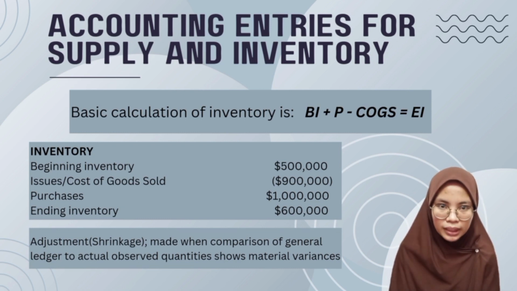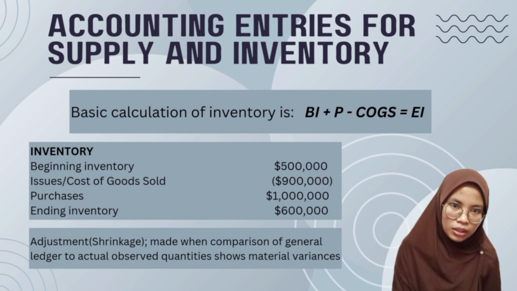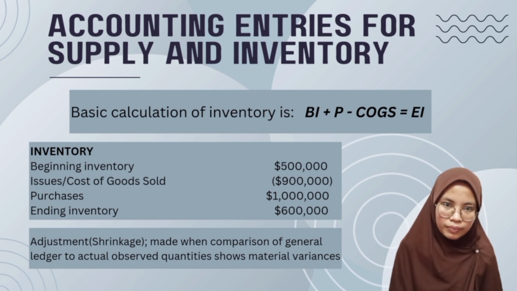The example needs adjustment, which is shrinkage, made when the comparison of general ledger to actual observed quantities shows material variances.